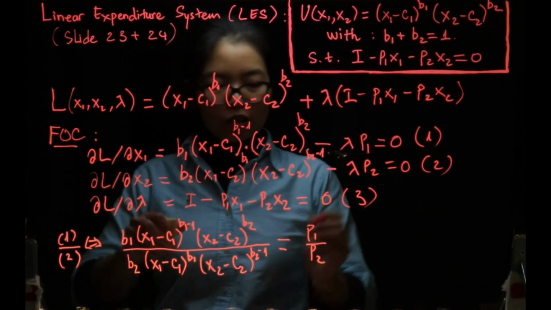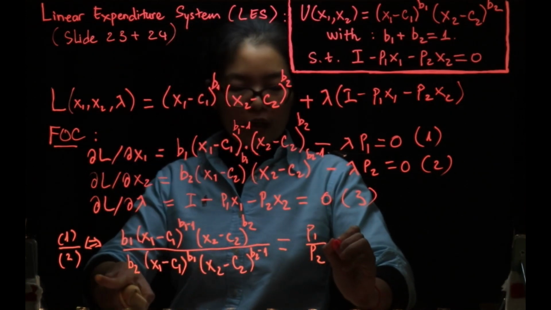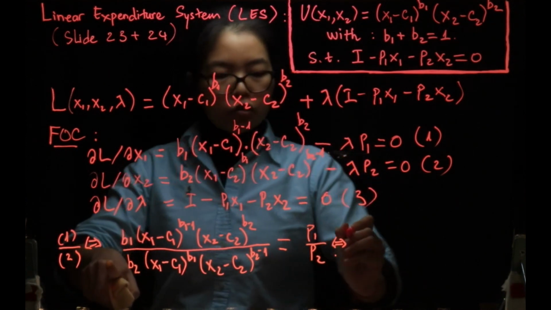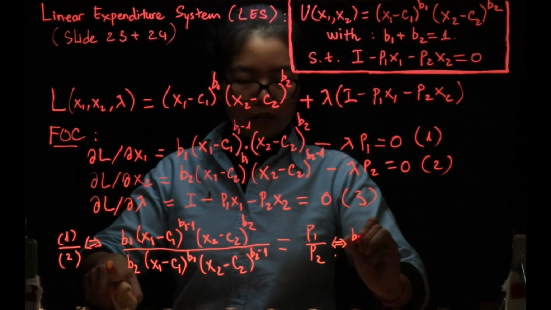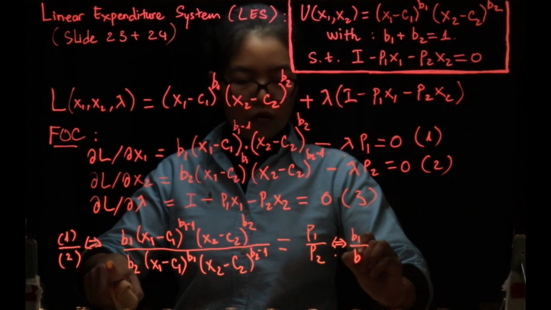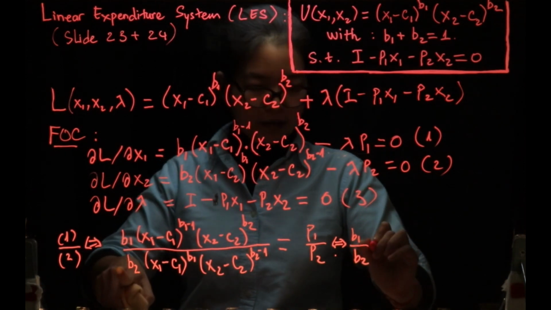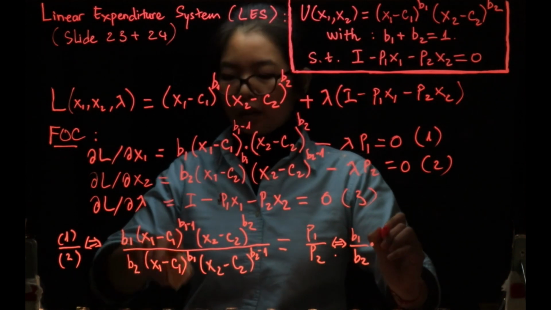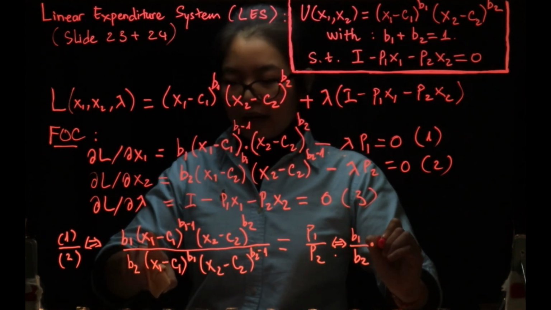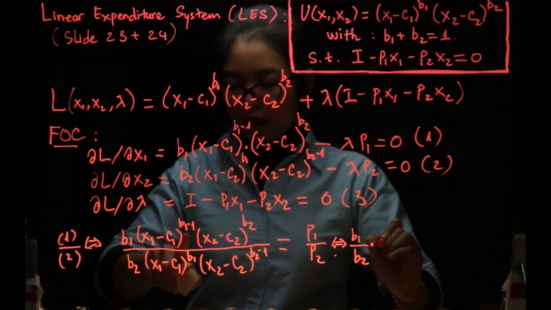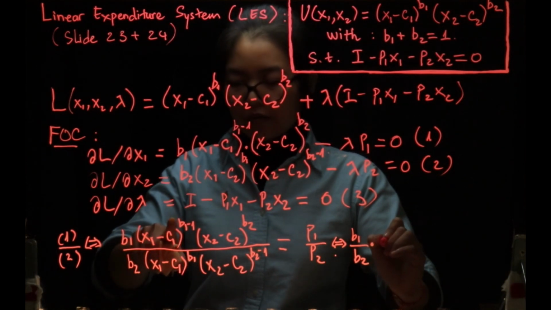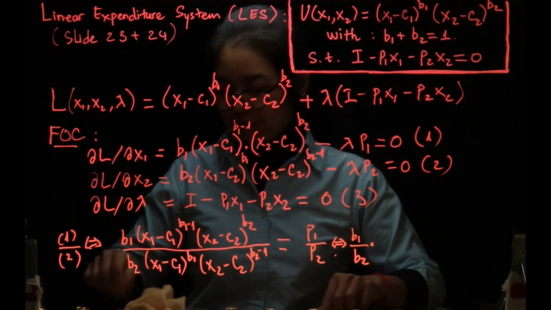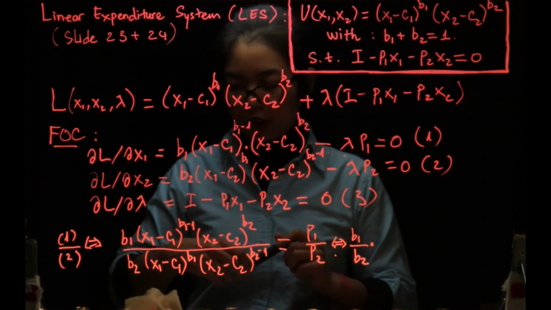All right. So now let's simplify this a bit before we move further. b1 over b2, nothing to simplify, just write it again. Now, what is left with x1 minus c1? Above we have b1 minus 1, below we have b1.